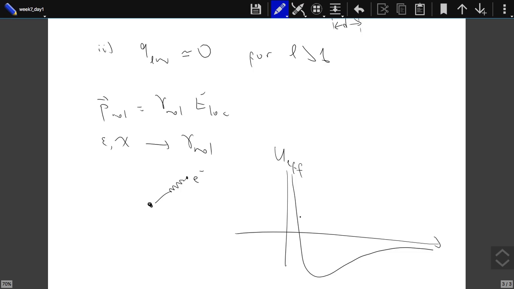You see, effectively, the effective potential that the electron will feel, you will see this in classical physics, if you haven't seen already. Have you studied the central problem in classical physics? The effective potential will have such a form, more or less.